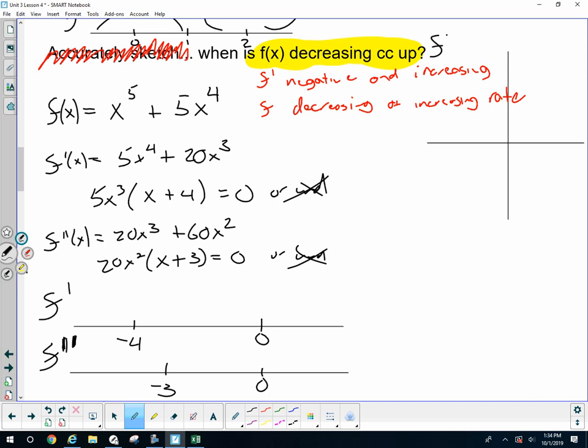We are looking for when f prime is negative and f double prime is positive. Be careful with the second derivative, because the x cubed will change signs. The x squared will not.